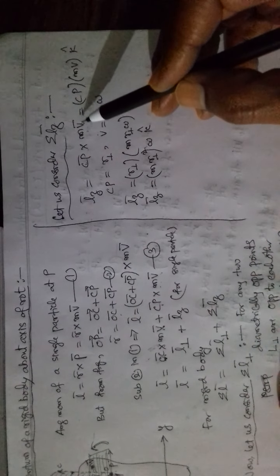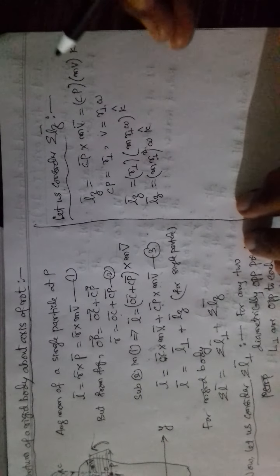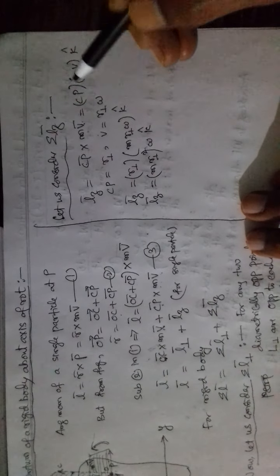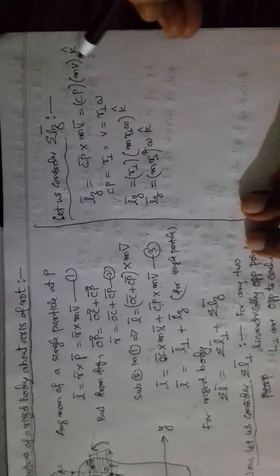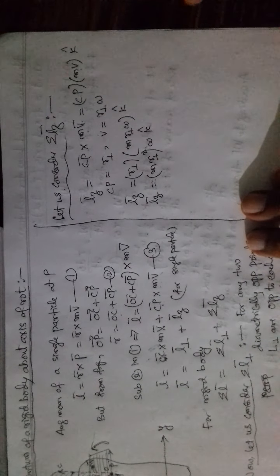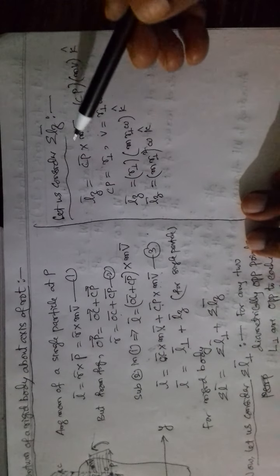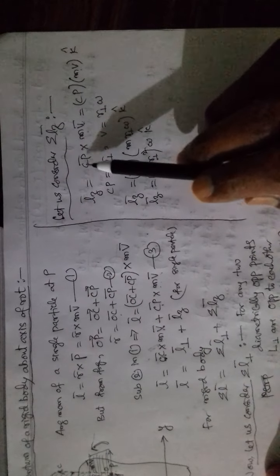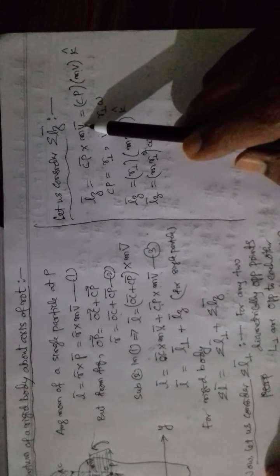A cross B means AB sin theta, we are not writing it like that, but here the Cp magnitude is taken here and the mv magnitude is taken here, and the cross product of this vector and this vector, by the right-handed rule, was along the axis of rotation, along the z axis, and along the z axis the unit vector is k.